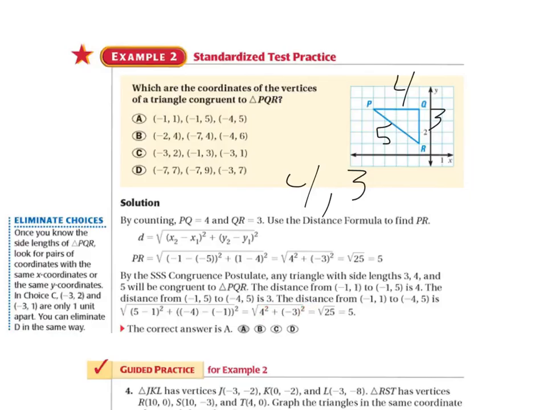So 4 squared is 16 plus negative 3 squared, that's going to be 9. So square root of 25 gives us our 5. So our last side here is going to be 5. And don't you love it on a multiple choice when the answer is A, because we don't need to go through the other ones. So the answer is A. That's the congruent triangle to triangle PQR.